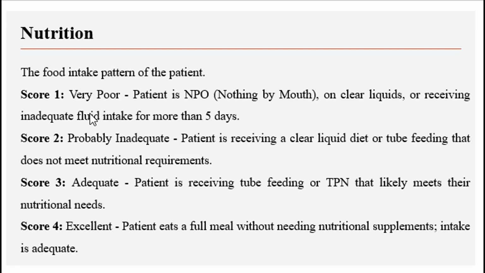In this condition, we will give score 3. Score 4 is excellent. The patient is eating full meals without need of any nutrition supplement. Himself, he can eat enough food orally and intake output is adequate. In this situation, we will give score 4.